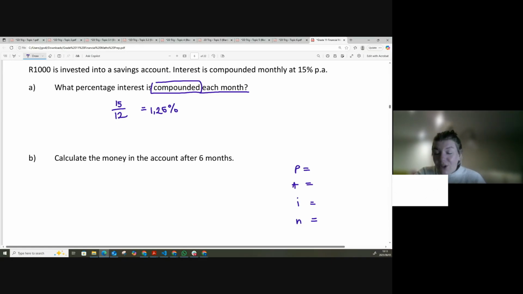Yeah, Tabilka, you can actually probably leave it as the 15/12, but I think because they said what percentage interest is, we should probably get it as a number. There are exactly 12 months in a year, yes.